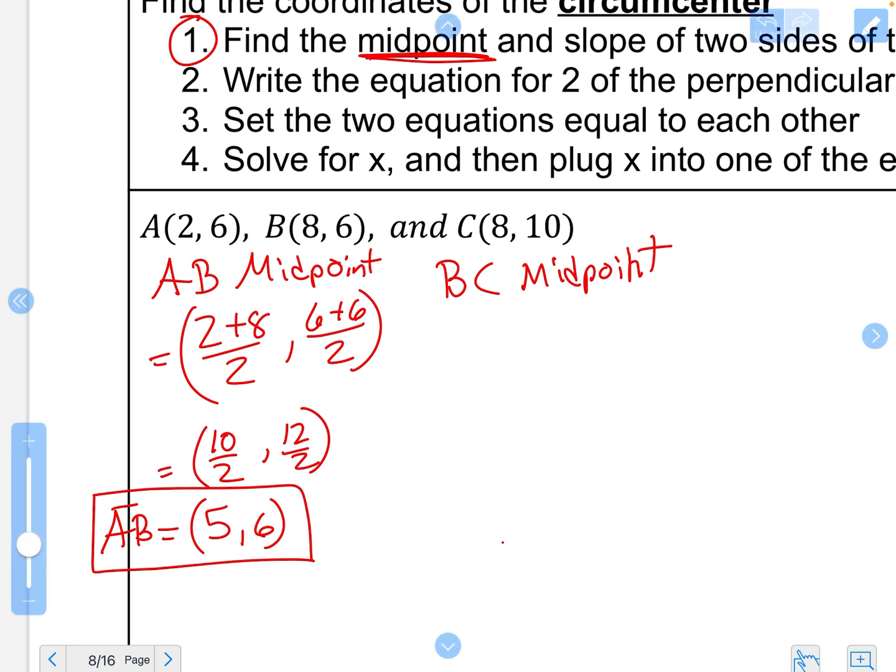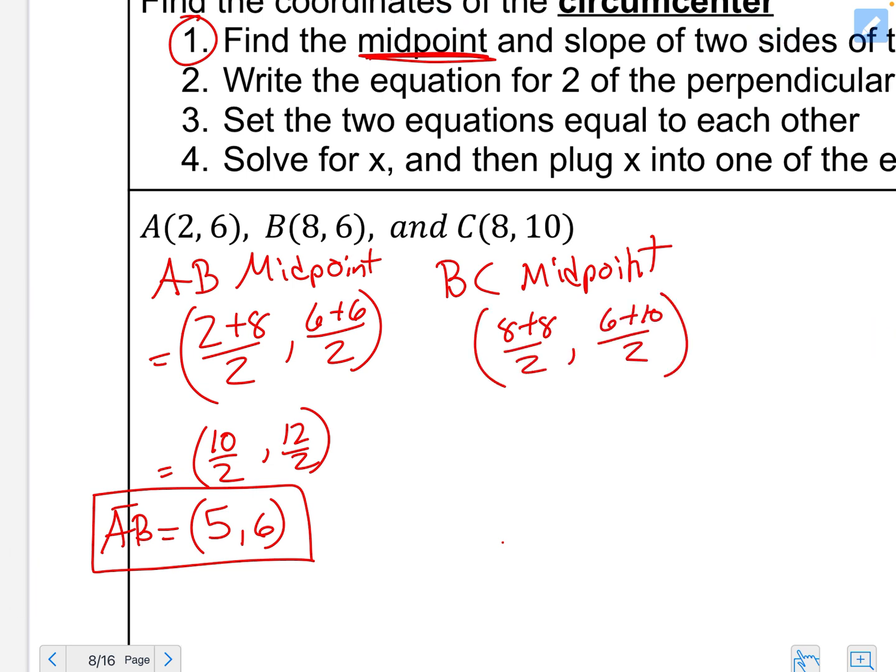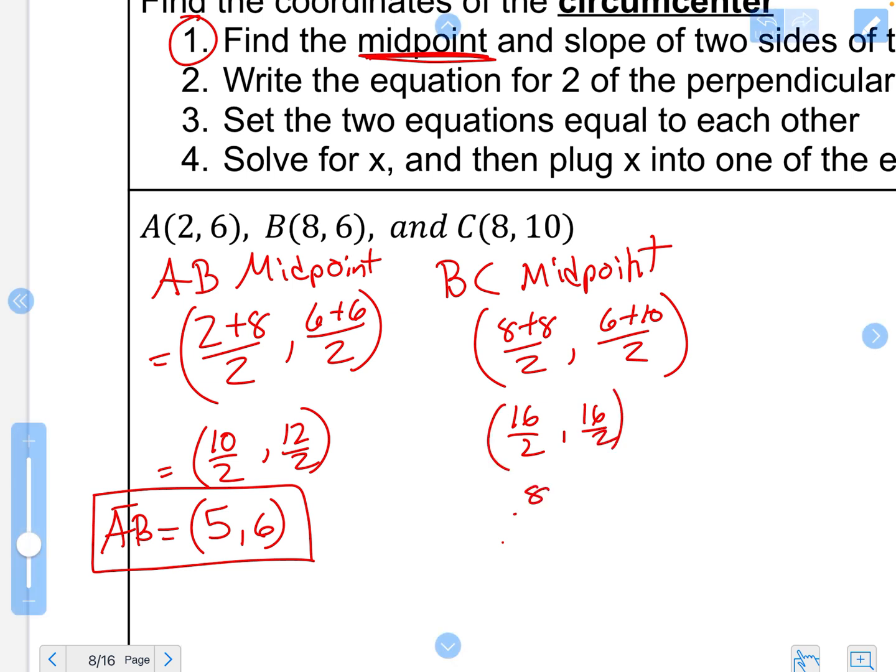So now we need our BC midpoint. 8 plus 8 divided by 2, and then 6 plus 10 divided by 2. So we get 16 over 2 and 16 over 2, which is going to give us 8, 8 for our BC midpoint.